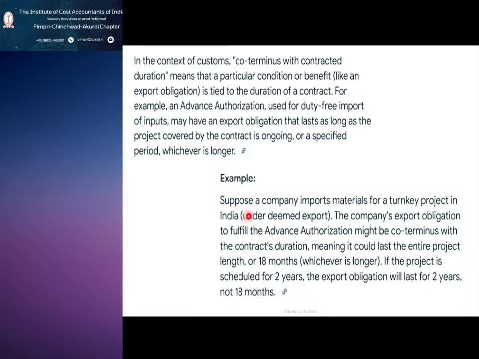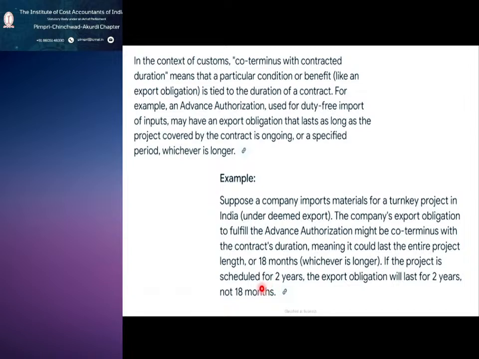We'll see this example. Suppose a company imports material for a project in India under deemed export. The company's export obligation to fulfill the authorization might be coterminous with the contract's duration. So it could last the entire project length or 18 months, whichever is longer.